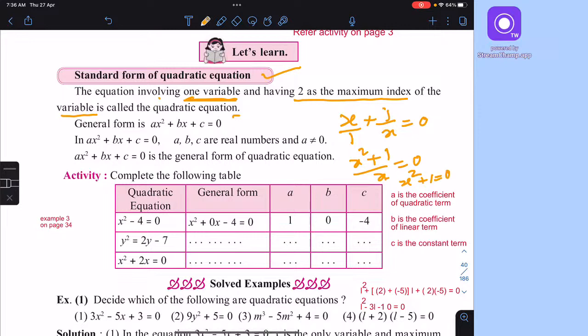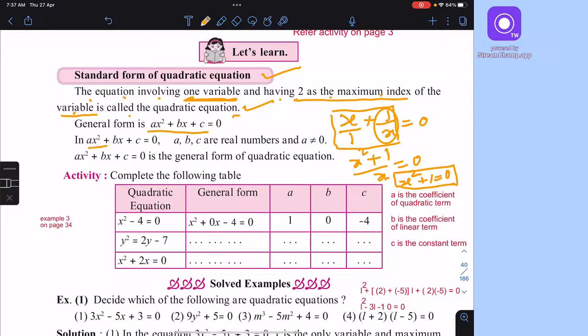So if there is a negative index, then you can operate addition, subtraction, etc. and write the equation where there is no negative index, okay? And then apply this condition. The equation involving one variable and having 2 as the maximum index of the variable is called a quadratic equation. Now the general form of the quadratic equation is ax square plus bx plus c equal to 0. We have seen here in the previous example.